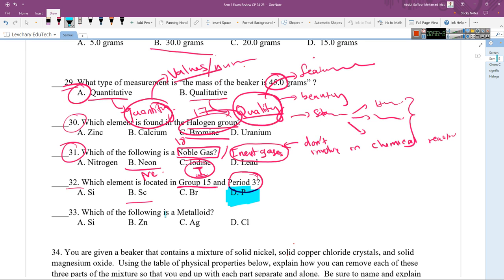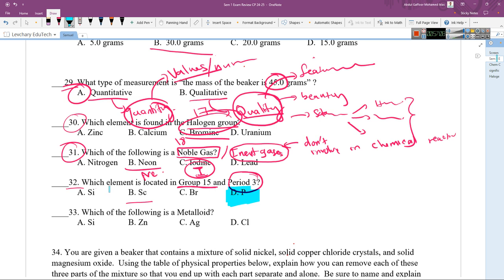Okay. And which of the following is a metalloid? Have you heard about the terms metal, metalloid, and non-metals?